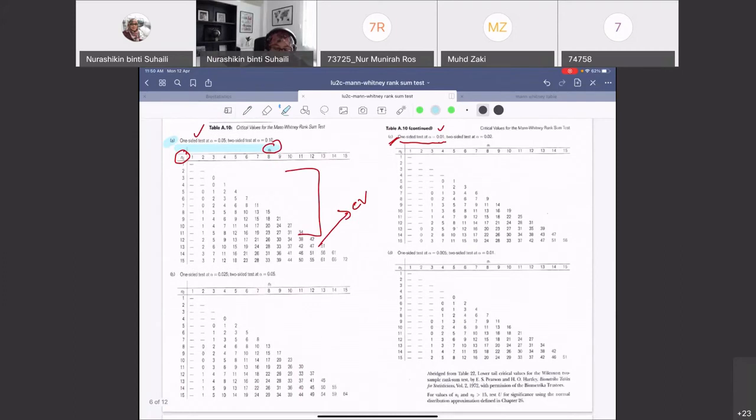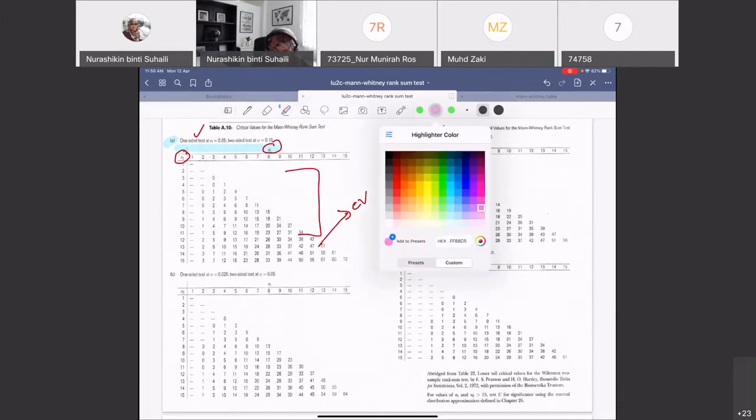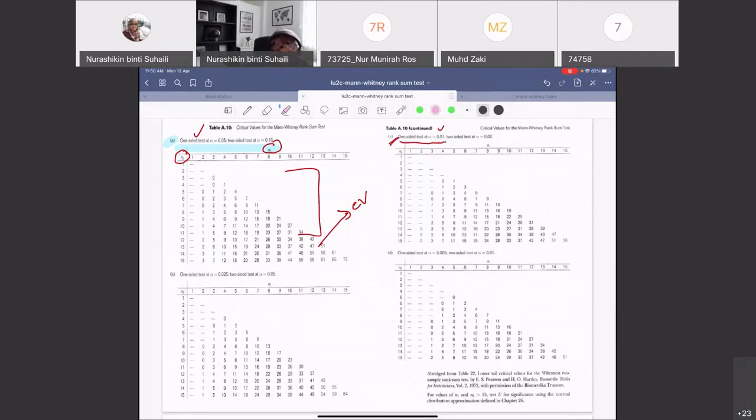Our case is a two-sided test, not one-sided, and the alpha is 0.05. Can you see the table? So our condition is here: two-sided test, alpha equal to 0.05.